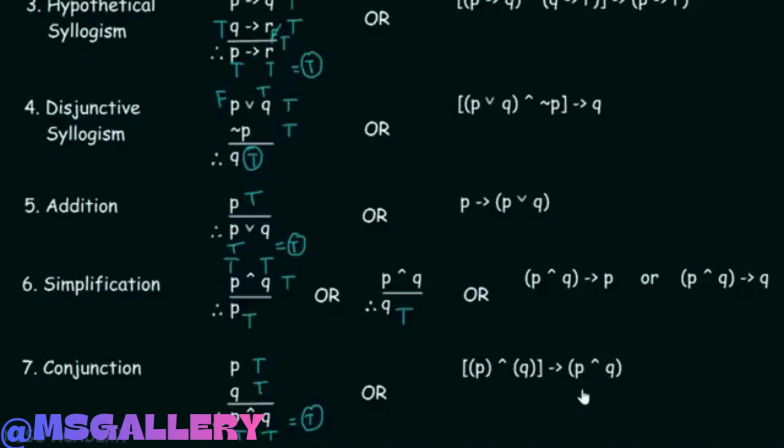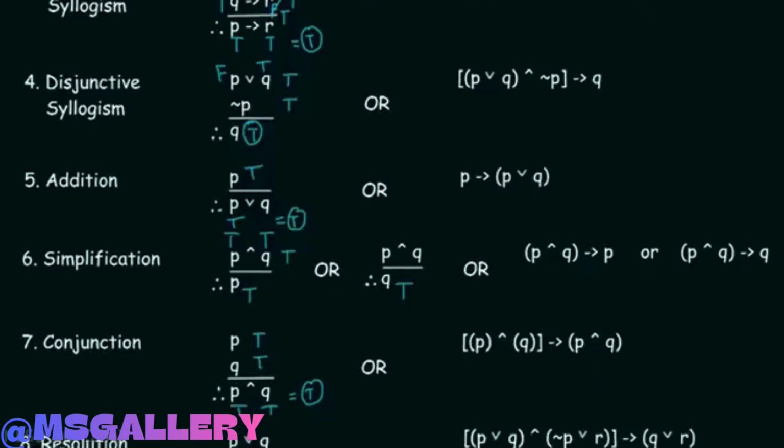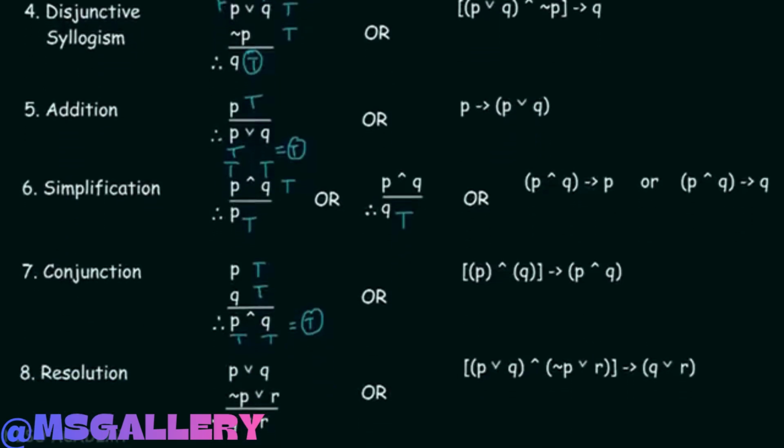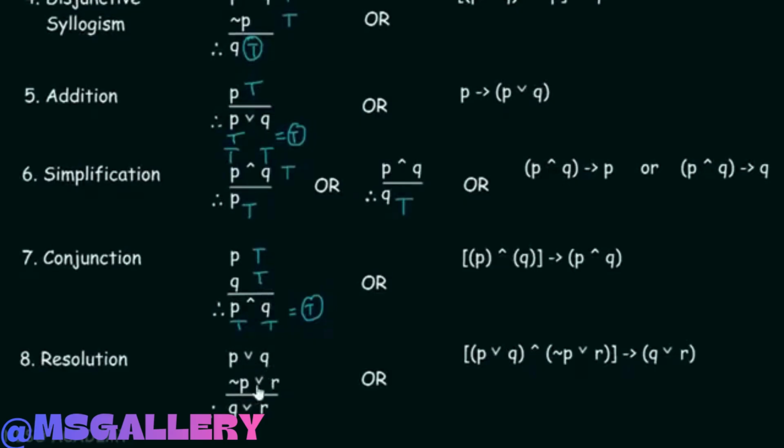Now let's consider the last rule of this list, that is resolution rule. P or Q, not P or R, therefore Q or R. Now as P or Q is true and not P or R is also true, therefore we need to conclude that Q or R is also true. How can we prove that?